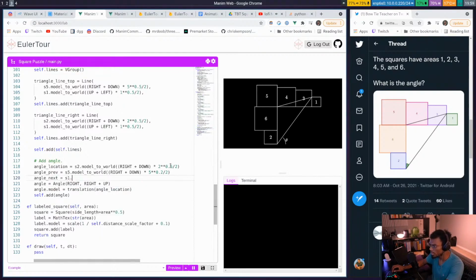I want S1. Model to world, right plus up, or left plus up. Times 1 times, I want the square root of that, divided by 2. Let me see if I can do angle prev, angle next. So close.